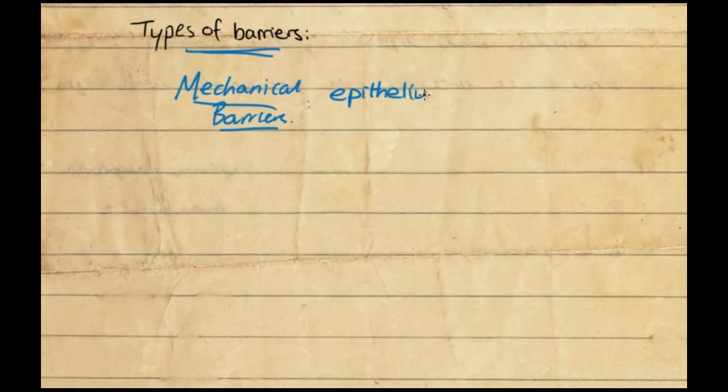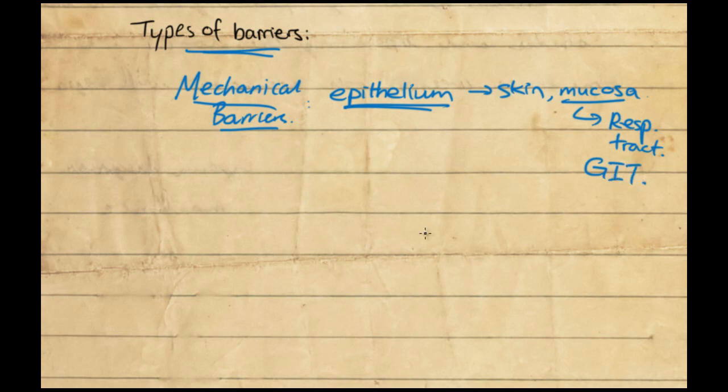Epithelium are types of cells which make up the skin outside of your body, and the mucosa, which is basically all the tissue lining the inside of your respiratory tract and your gastrointestinal tract.